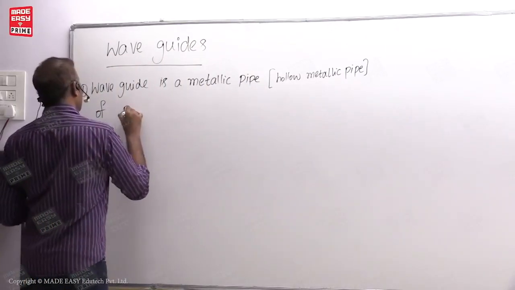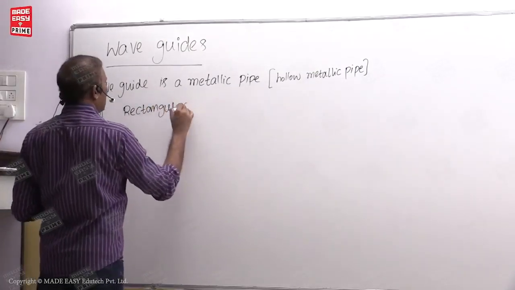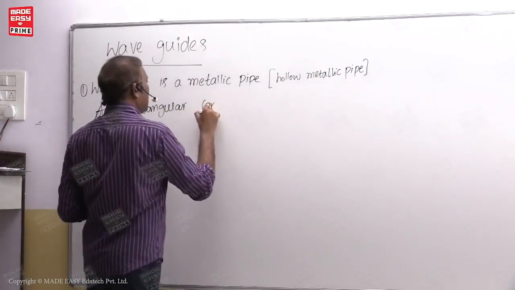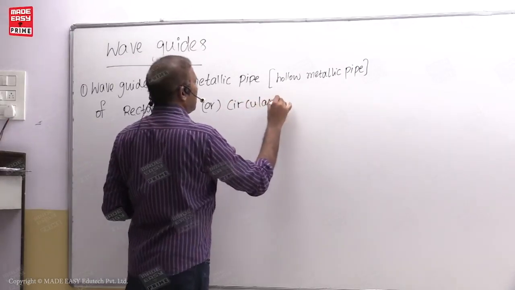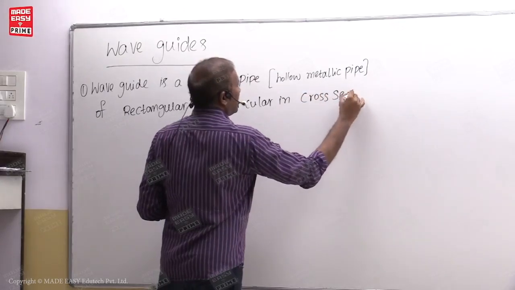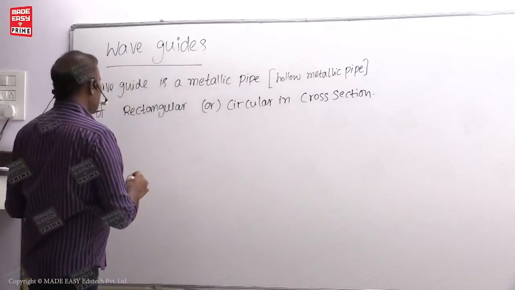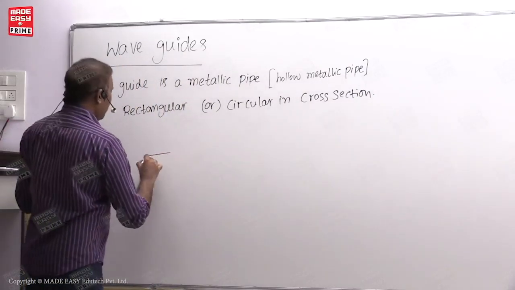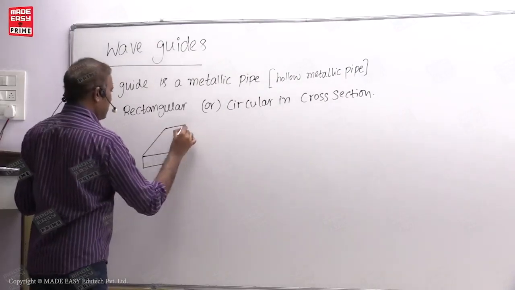So a waveguide is a metallic pipe of rectangular or circular cross section. Cross section means the front view. So a rectangular waveguide means like this.